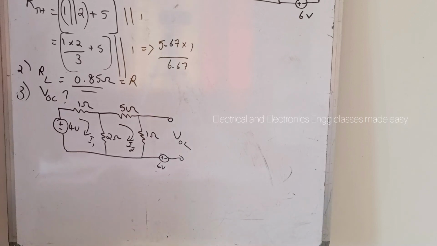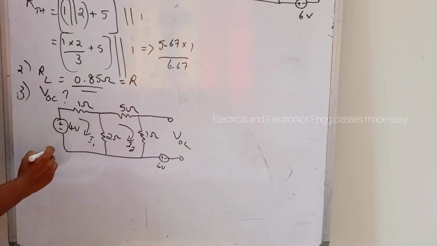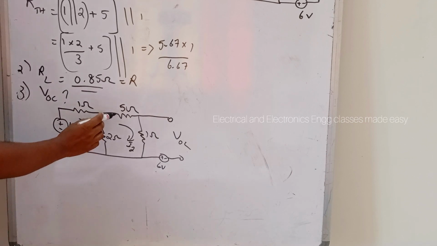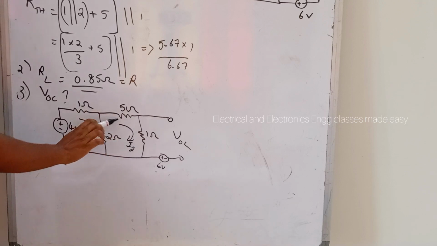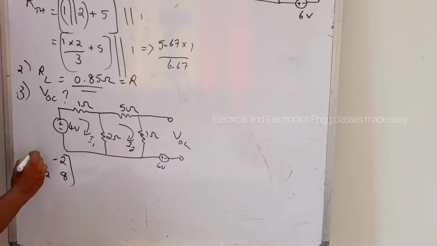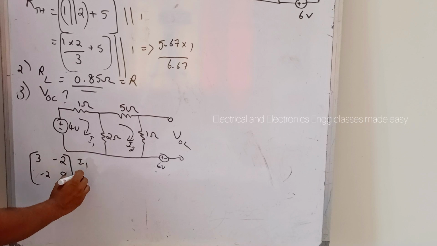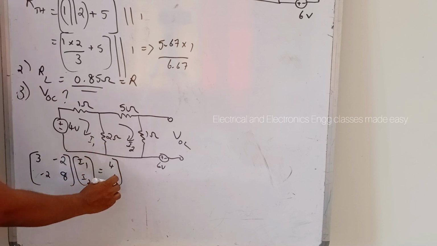Then applying the mesh analysis by the inspection method, we can write here the self resistance is 3 ohm, then mutual resistance is -2. Then in the second loop, self resistance is 8 ohm, and this is -2, into I1, I2 is equal to, in the first loop 4 volt, second loop 0.